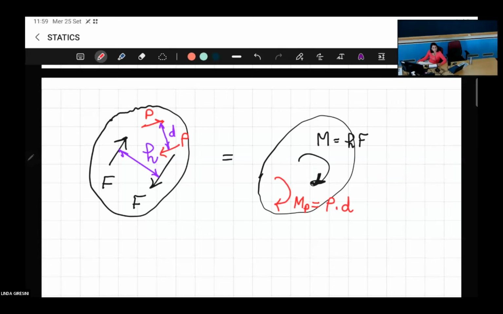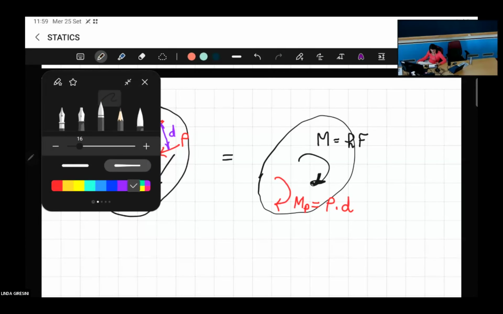By center of the body, how does it create the moment? In this case, the moment is 0 because the distance is 0.